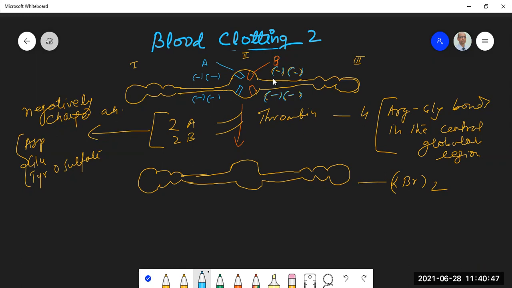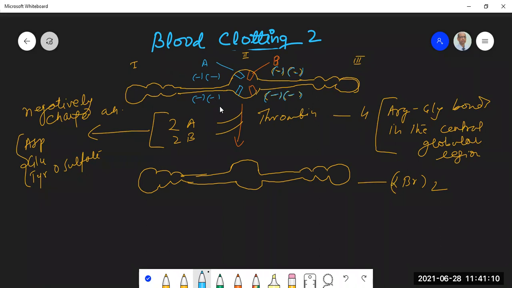And as a result of that, individual fibrinogen molecules cannot come closer to each other. They remain separated because of the repulsion. Each fibrinogen molecule is negatively charged, and negative charges repel each other. So because of the repulsion, individual fibrinogen molecules in your blood, under normal circumstances, do not come closer to each other.